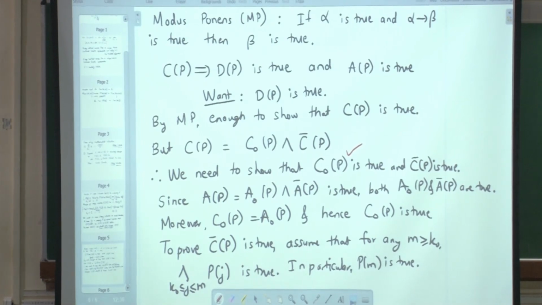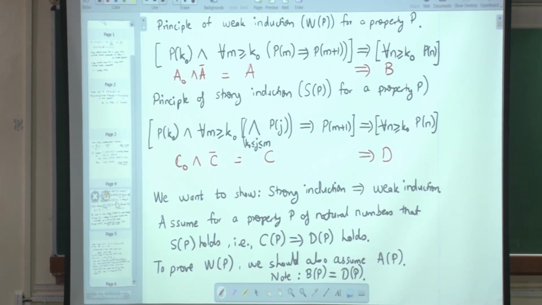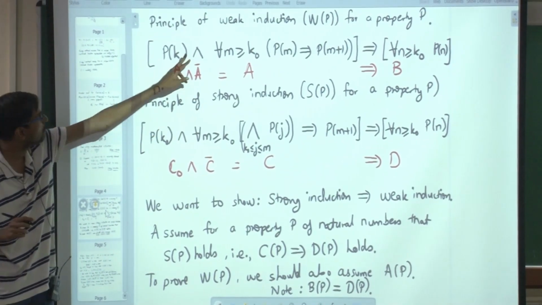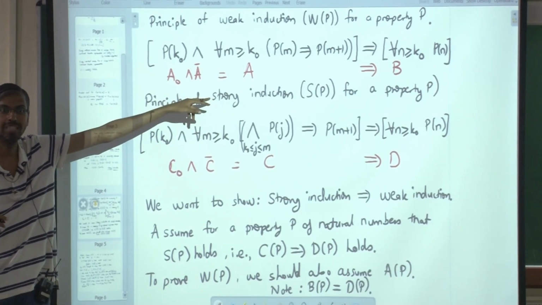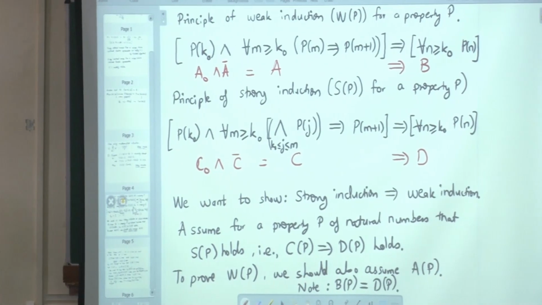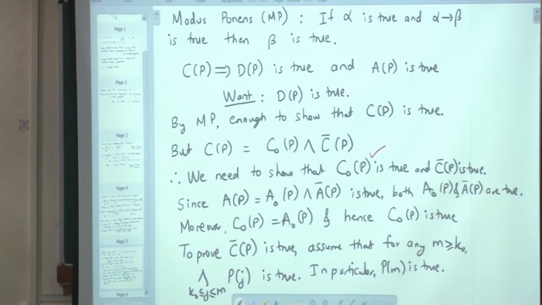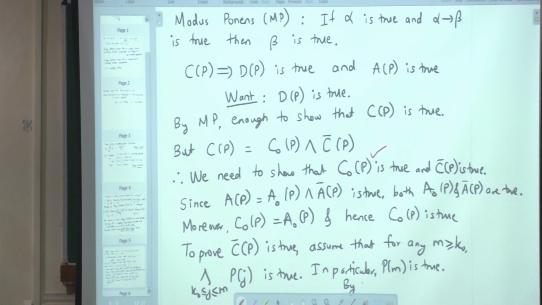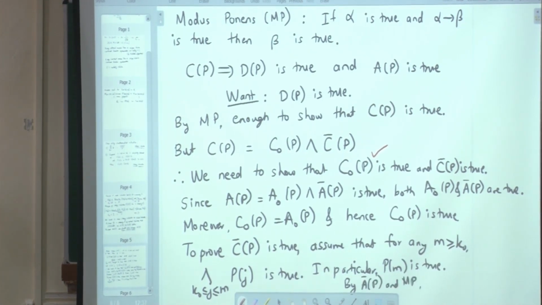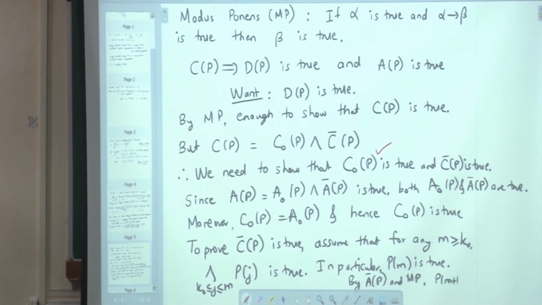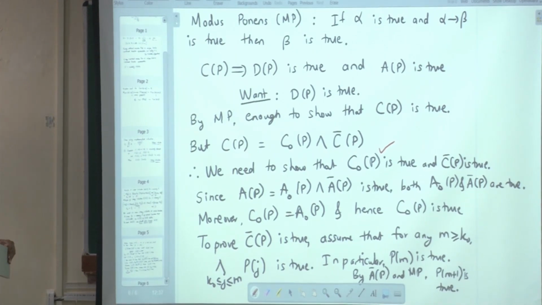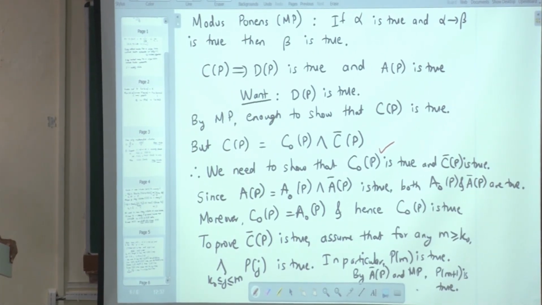But what do we know from the previous screen? If Pm is true and Pm implies Pm plus 1 is true, then by modus ponens, Pm plus 1 is true. Okay, so by A bar P and MP modus ponens, Pm plus 1 is true. And therefore we are done. Therefore C bar P is true.